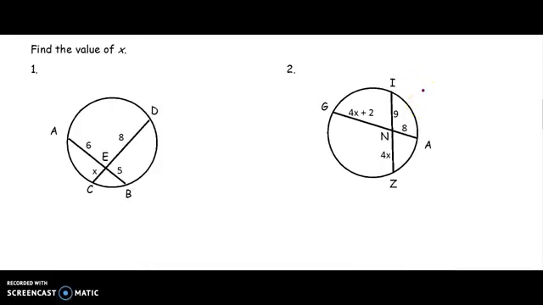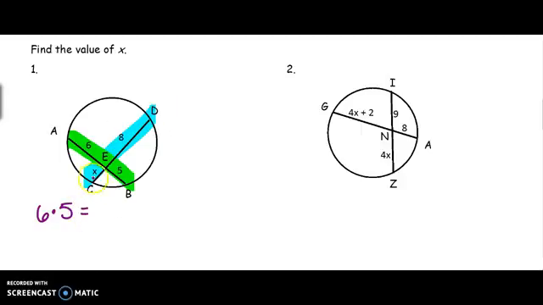So let's actually put numbers to this, and that's where it's going to start making some sense. So the first two problems we have are chord, chord. So we have one chord here, AB, and we have another chord, DC. So let's start with the green one first. You have two pieces, AE and EB. So 6 times 5. Part 1 times part 2 of the same chord.